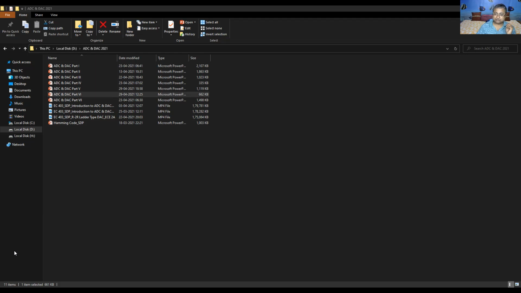And if V1 is less than 0, then the inverting comparator output will be logic 1. So assume that the n-bit up counter is initially reset, so all are zeros.